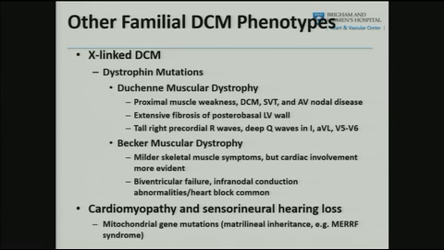In Becker's muscular dystrophy, there's a milder phenotype, lesser skeletal symptoms, but often these patients have more prominent cardiac involvement, and isolated cardiac involvement is possible. These patients may also progress to biventricular failure with disproportionate RV involvement. Infranodal conduction abnormalities and heart block is more commonly seen as opposed to AV block in Duchenne muscular dystrophy.